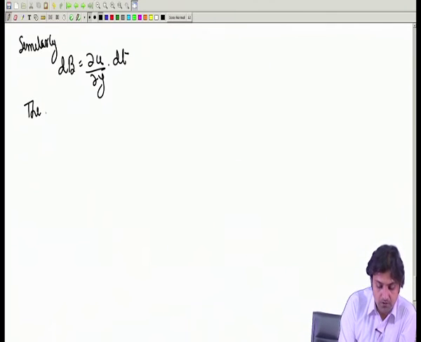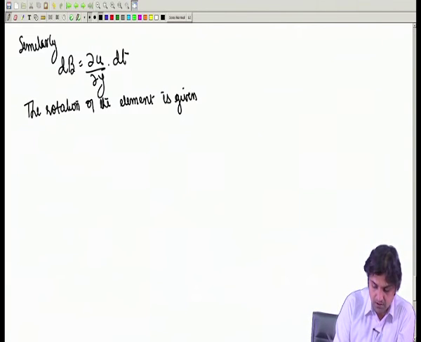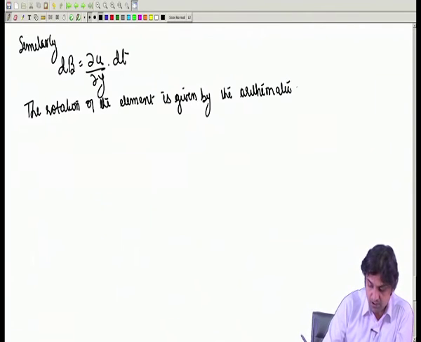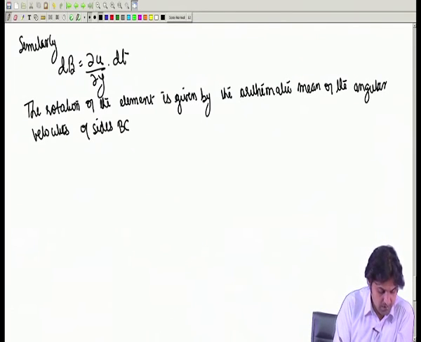So, now the rotation of the element is given by the arithmetic mean of the angular velocities of sides BC and BA.